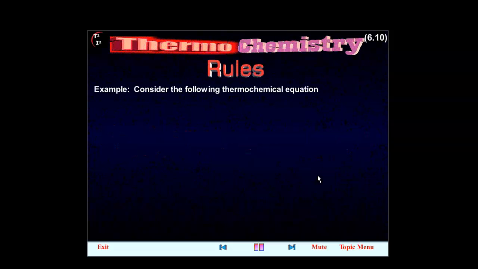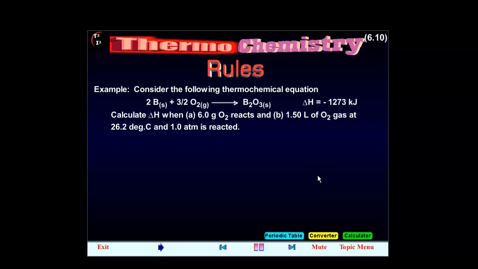Example. Consider the following thermochemical equation. Calculate delta H when A, 6.0 grams O2 reacts, and B, 1.50 liters of O2 gas at 26.2 degrees Celsius and 1.0 atmosphere is reacted.